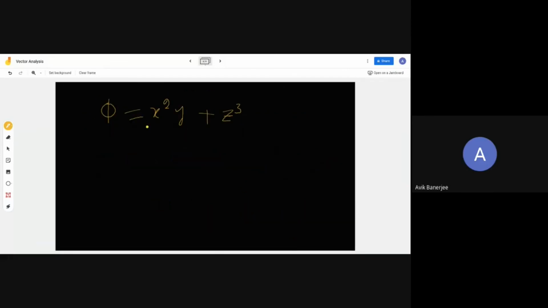So phi is given, it is a scalar field. Now you are asked to find out the directional derivative in the direction of a given vector a, but we need to know the starting point. Where do we want to find out the directional derivative?